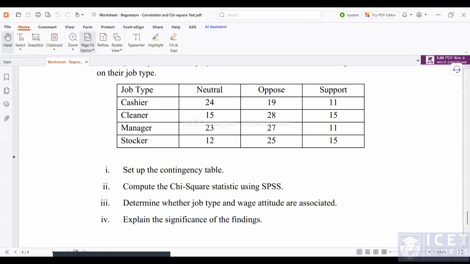Then there should be 9 entries, or 10. Here we have to enter job type, 1, 2, 3, 4, as I defined there.